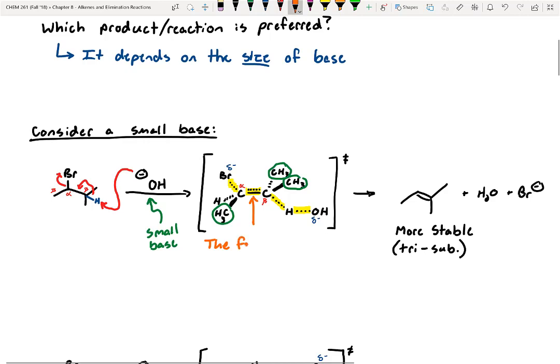So let's say the formation of this double bond is stabilized by hyperconjugation.